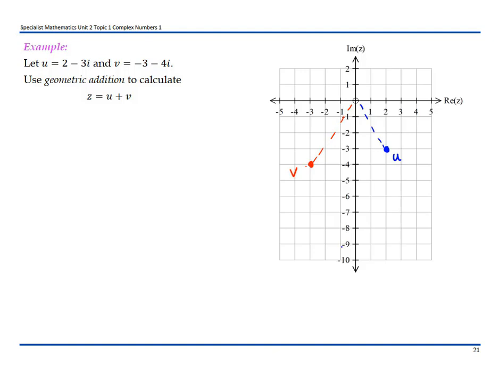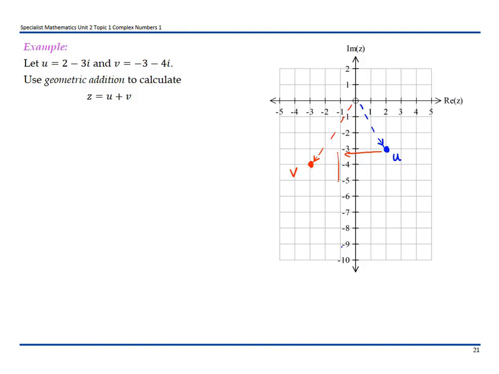Okay, if I want to add these, I'm going to do it like I would my vectors. I'm going to move my v to be on the end of my u. So think about the arrows going this way. Okay, we know we have to go tail, head, tail, head. So my v was across 3. So I have to move this way, 1, 2, 3 to this point, and then down 4.